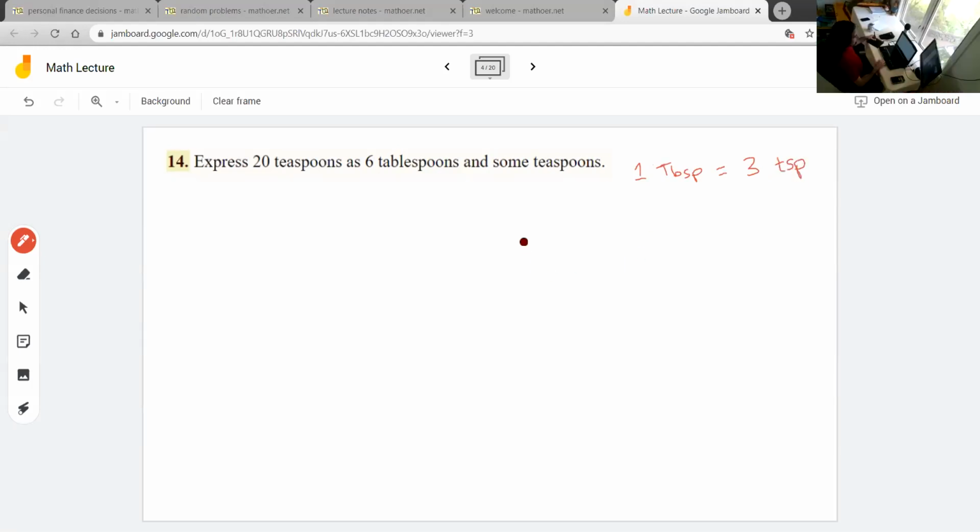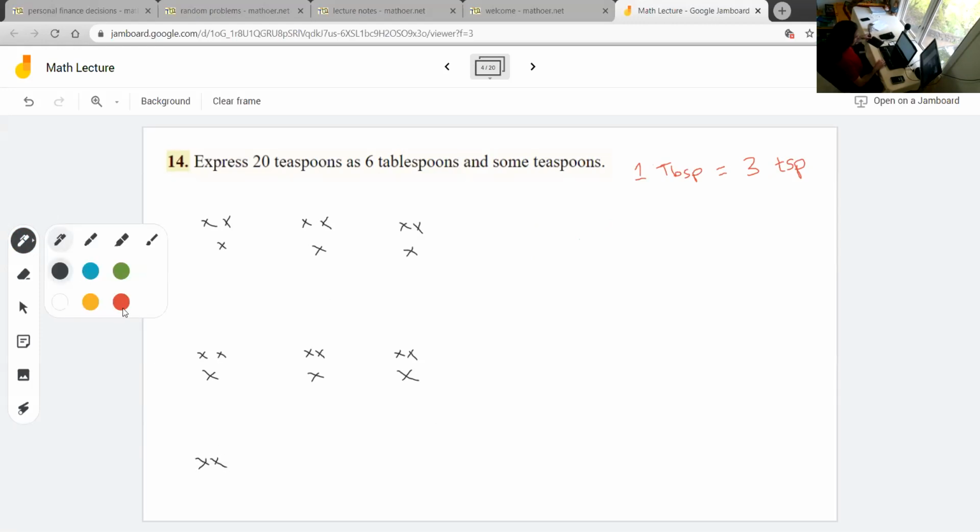So for most people, the easiest way to do this one is to just draw some pictures. So 1, 2, 3, 1, 2, 3, 1, 2, 3. So how many groups of 3 do we have? 6 times 3 is 18, and we have 2 more.